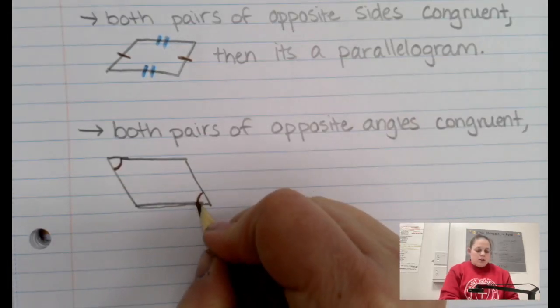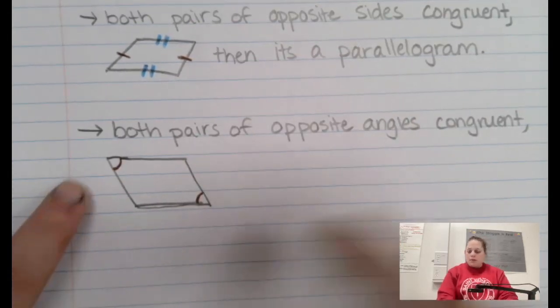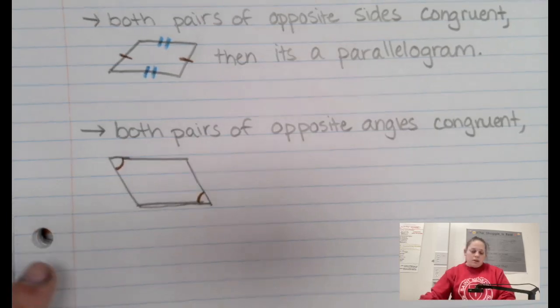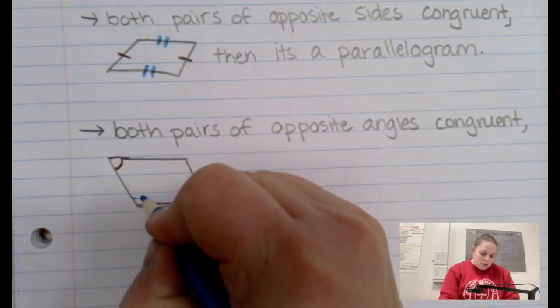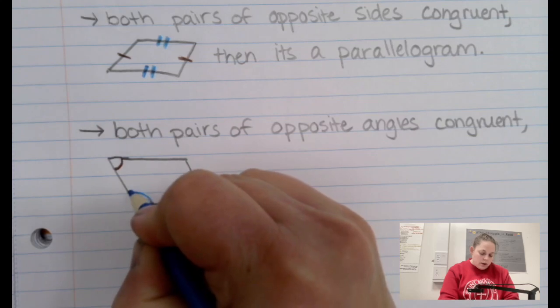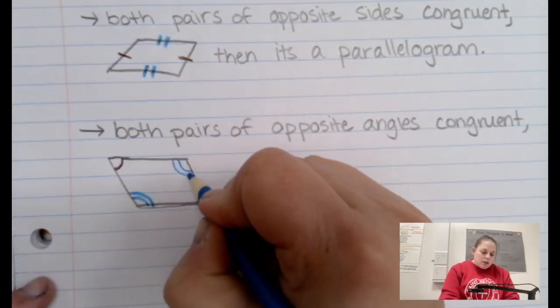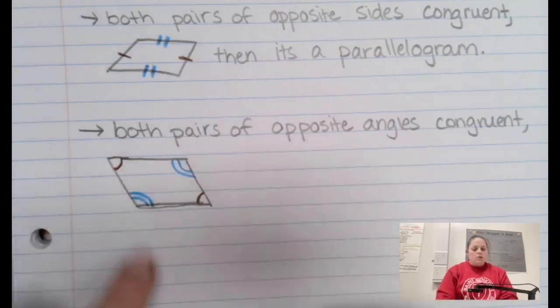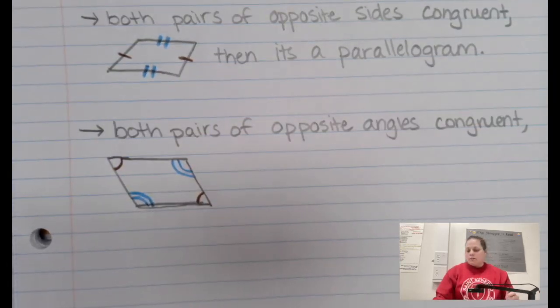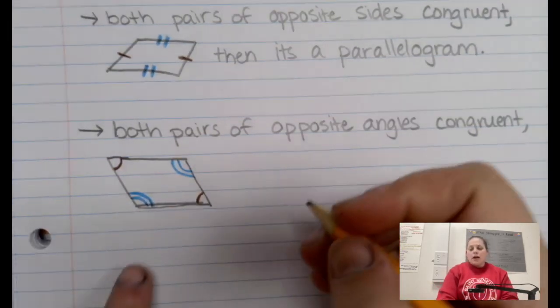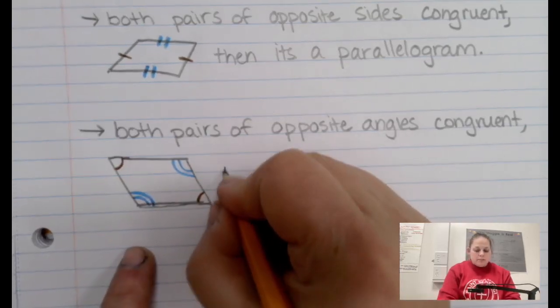Is congruent to that one. So they're opposite. And then I do my other opposite, but they're not the same. So I can use 2 arcs to show that they're different. So either I might see numbers there showing that that works, or I might see those arcs. And if I see that, then it's a parallelogram.